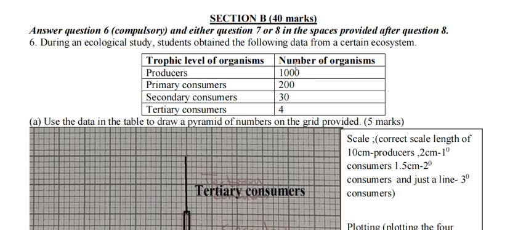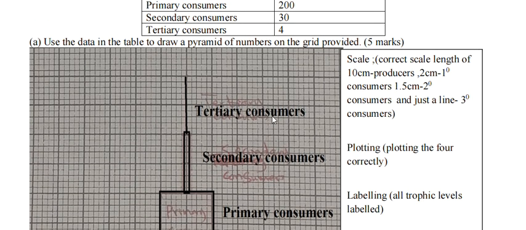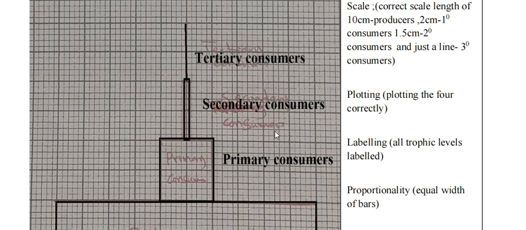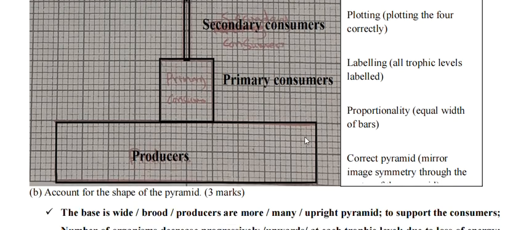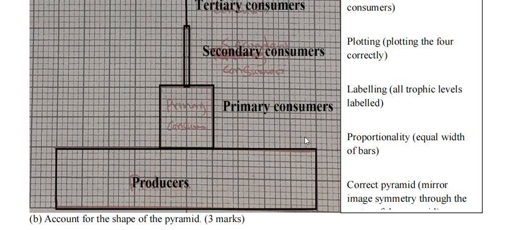For example, producers, which are 1000, primary consumers 200, secondary consumers 30, and tertiary consumers 4. And when constructing a pyramid of numbers, the following should be observed. You must label those bars. Then the scale should be correct.